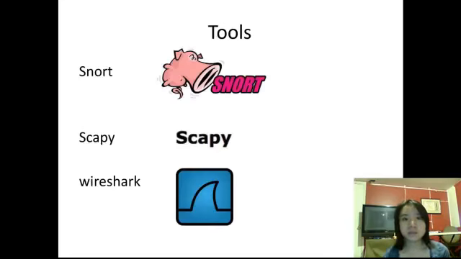First of all, I'm going to introduce the tools I used in this experiment. The first one is Snort. Snort is one of the most famous intrusion detection systems. It can be downloaded as open source on the internet. And the second one is Scapy. Scapy is a really powerful interactive packet manipulation program.